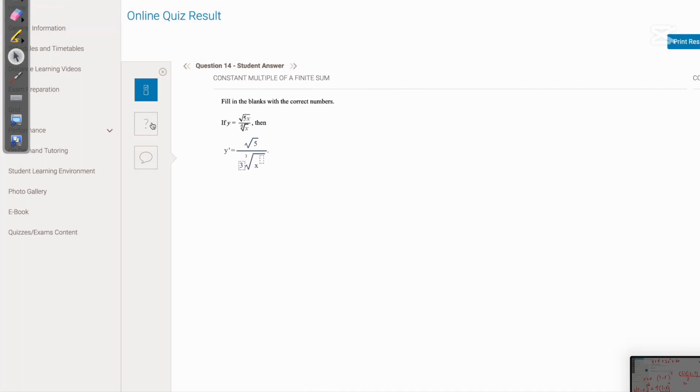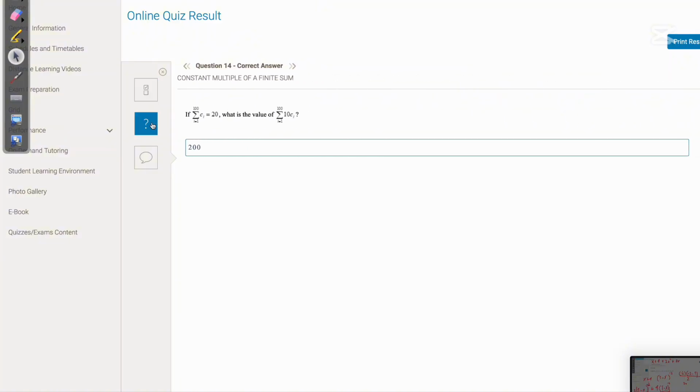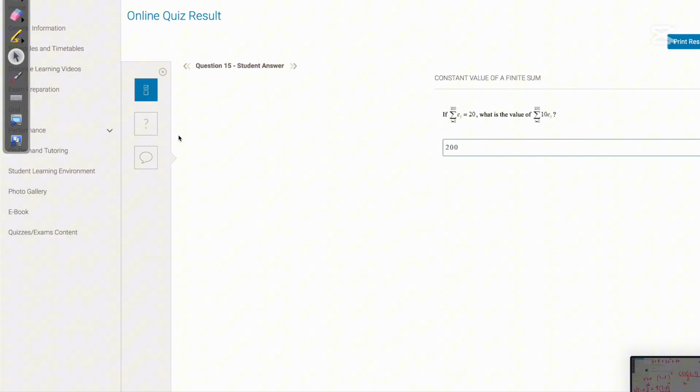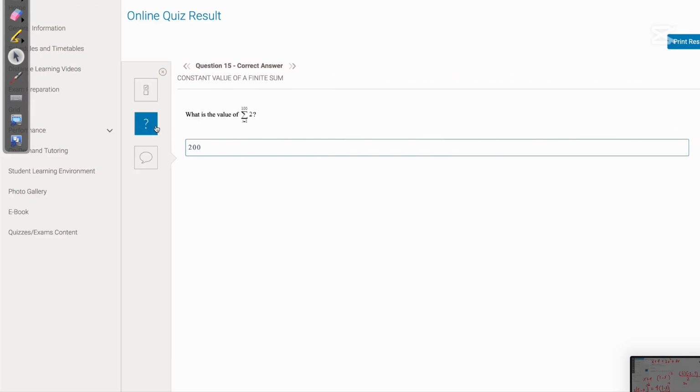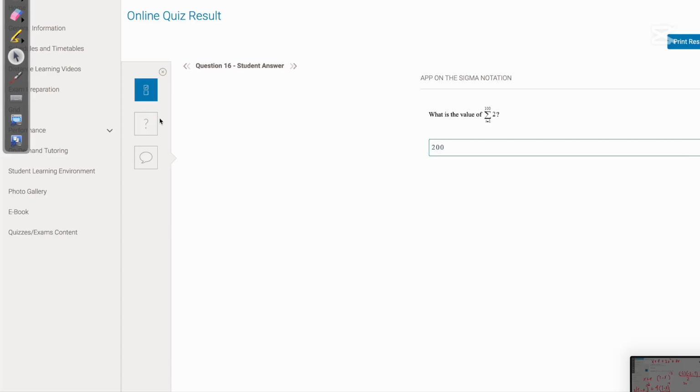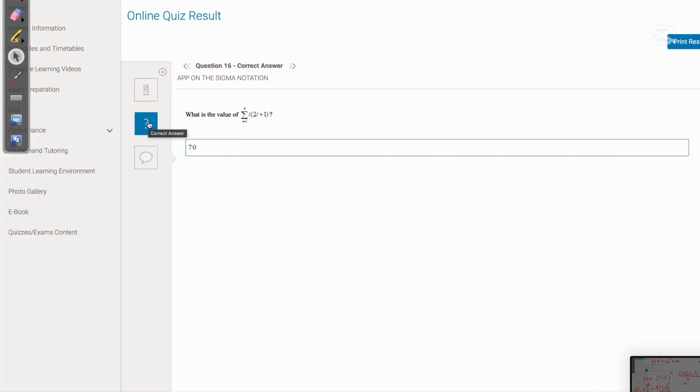Number 14. For this summation, you just do 10 times 20, that's it. Next, what is the value of the summation of 2 up to 100? You do 2 times 100, which is 200. Number 16. What is the value of the summation of i times (2i plus 1)?